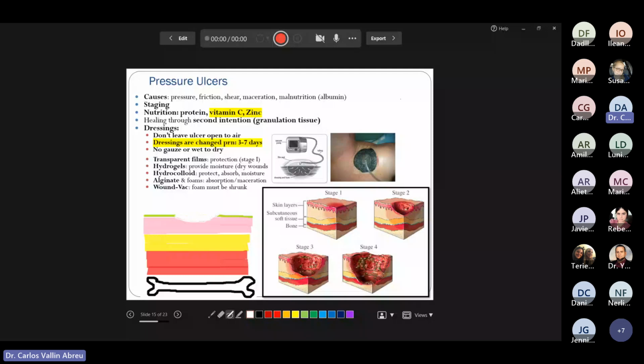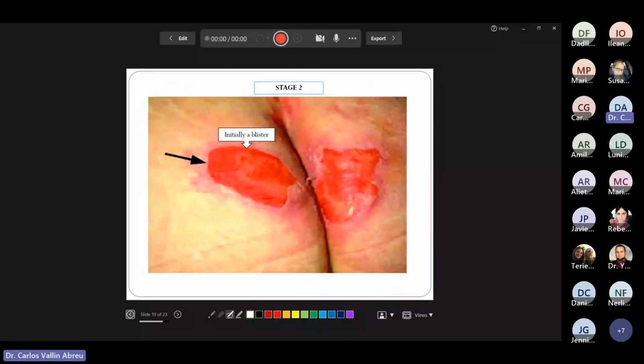So only the epidermis and the superficial part of the dermis is dead as a consequence of the pressure. This kind of wound is considered stage 2, and is seen more or less like this.